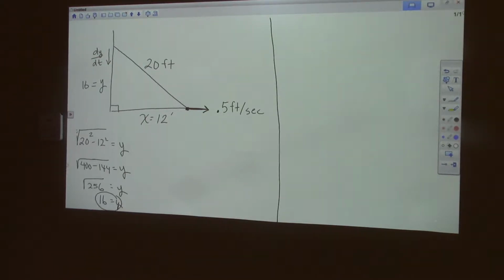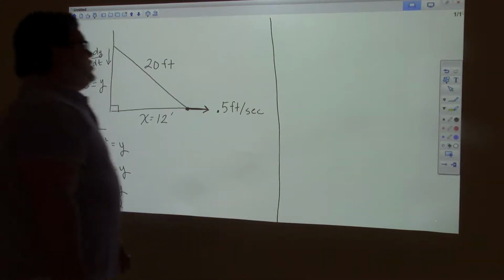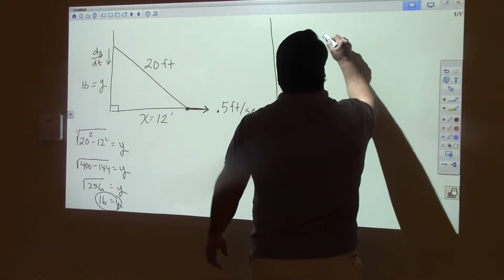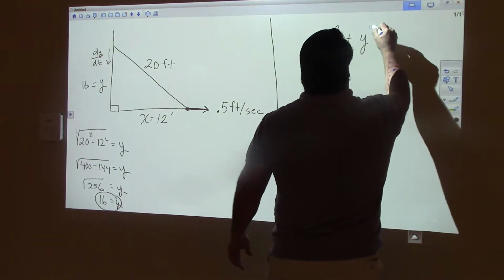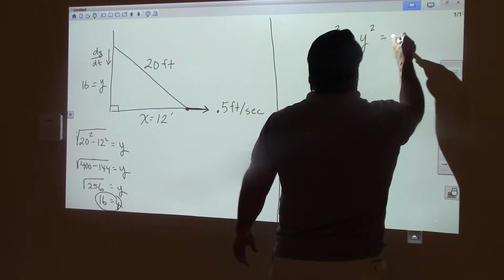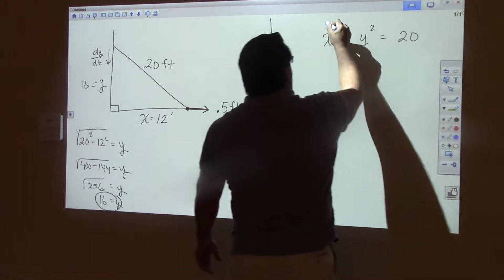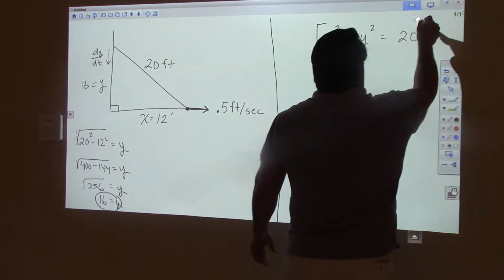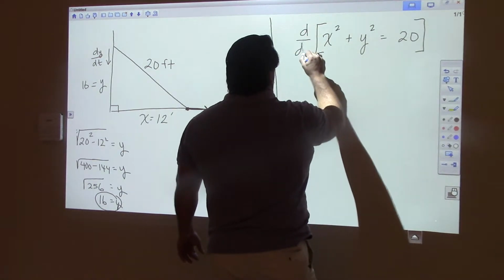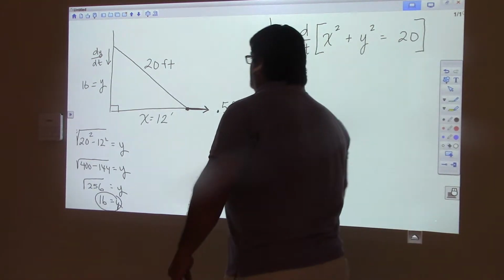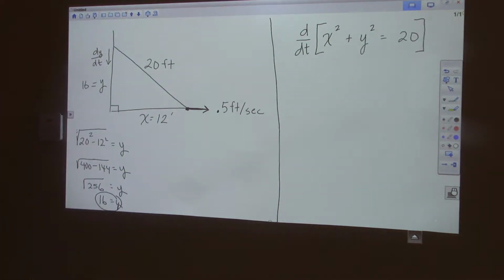x squared plus y squared is equal to 20 squared. Why are you not concerned about the 20? Why does it zero out? Because the derivative of a constant is zero.